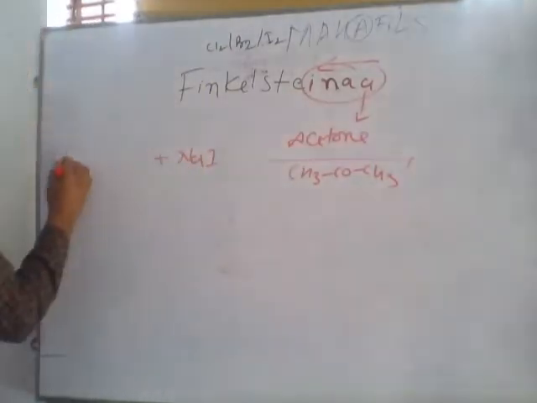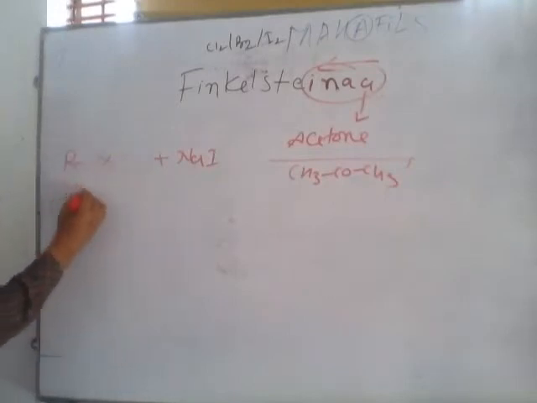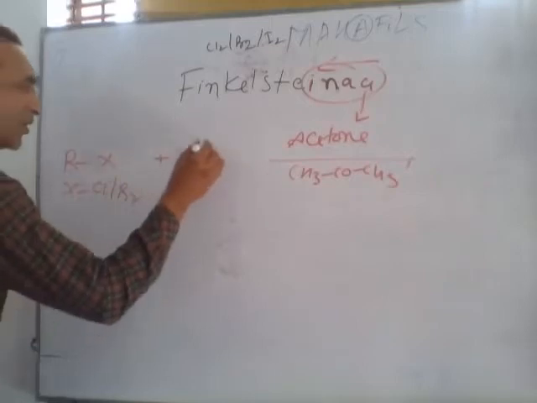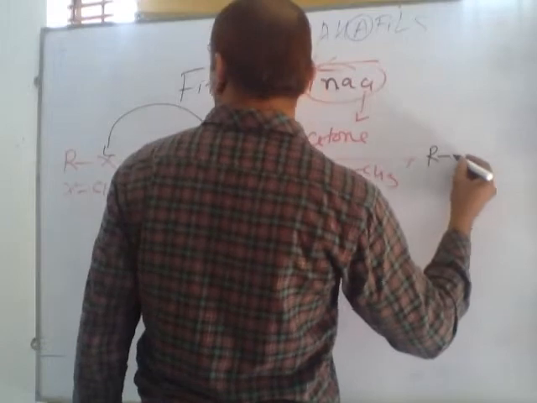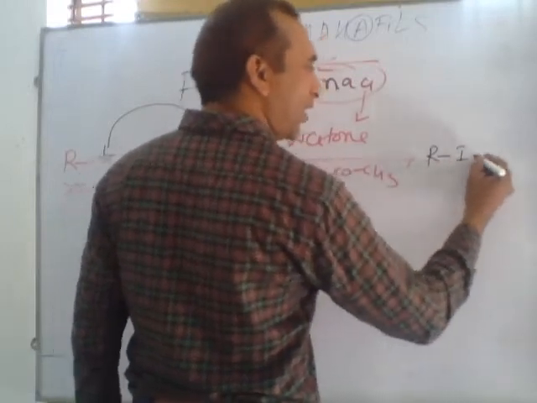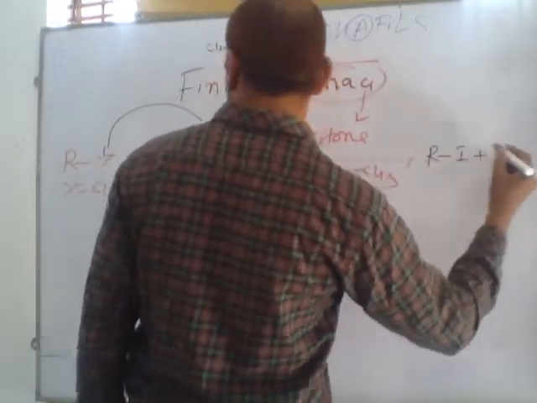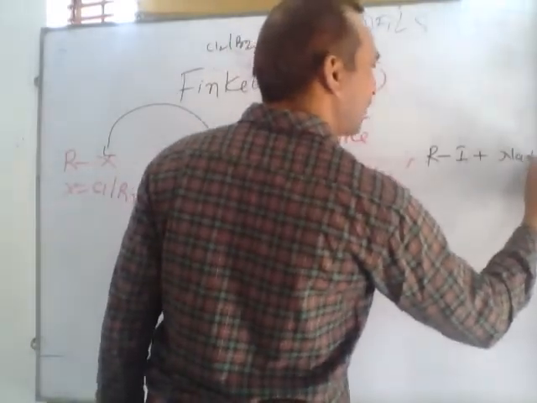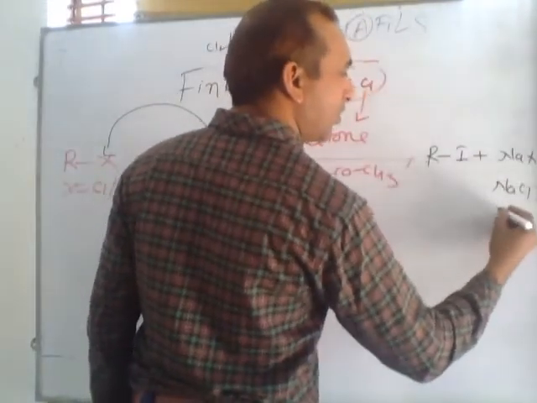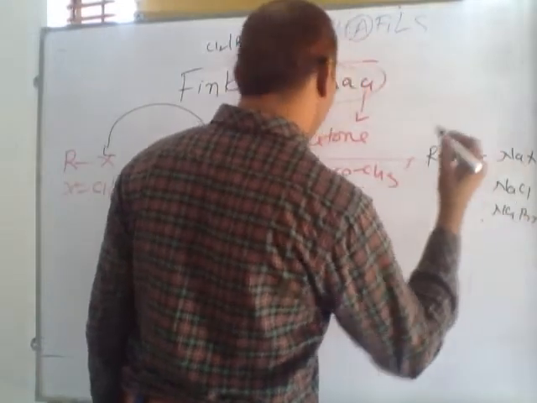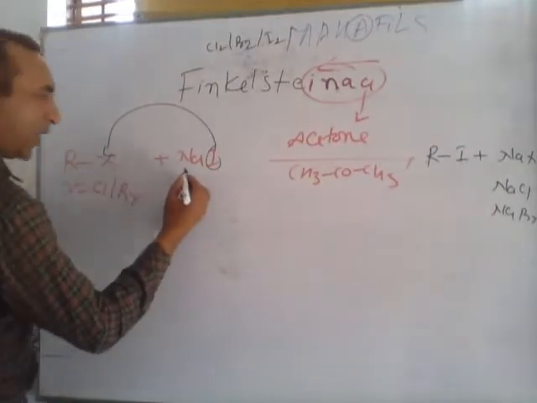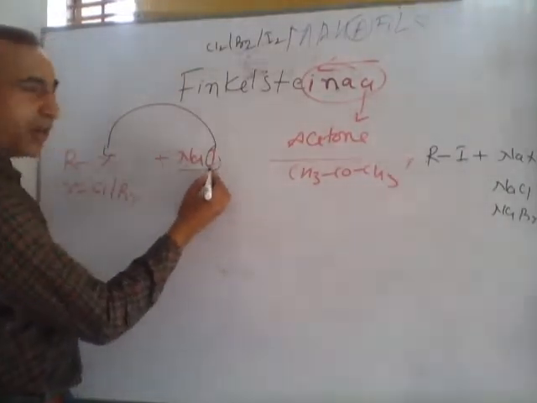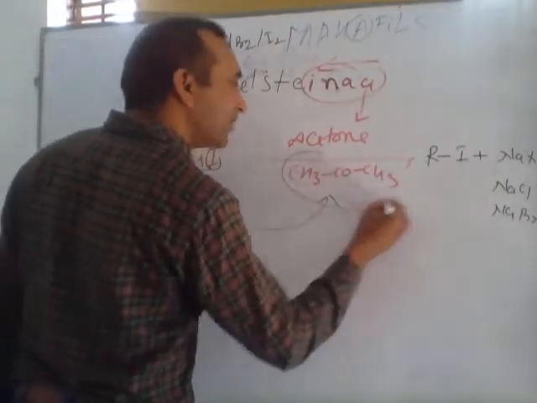Here NaI reacts with RX, where X may be chlorine or bromine. The iodine replaces X, forming RI, an iodoalkane, along with NaX, which may be sodium chloride or sodium bromide. The principle of this reaction is that NaI, sodium iodide, is soluble in this liquid.